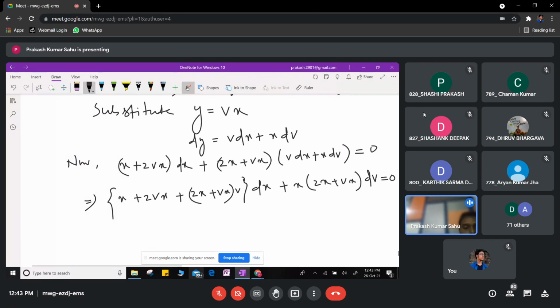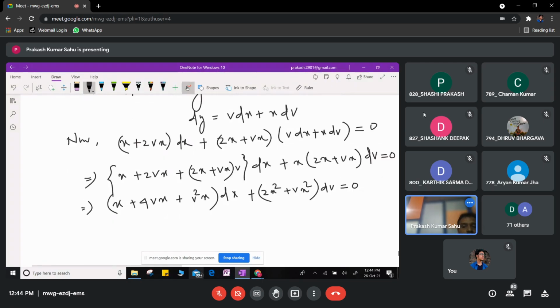Now if you simplify again, you get x plus 2vx plus 2vx, that is 4vx, plus v square x, into dx, plus 2x square plus vx square, dv is equal to 0.